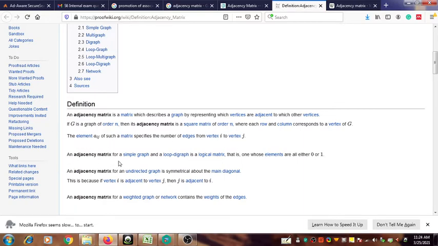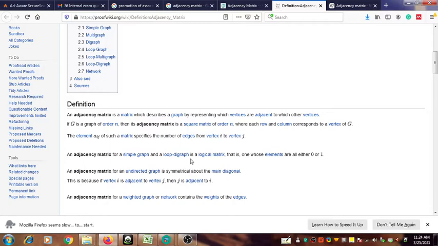An adjacency matrix of a simple graph or a loop digraph is a logical matrix. What's a logical matrix? It's a matrix which contains either 0 or 1. An adjacency matrix for an undirected graph is symmetrical about the main diagonal.